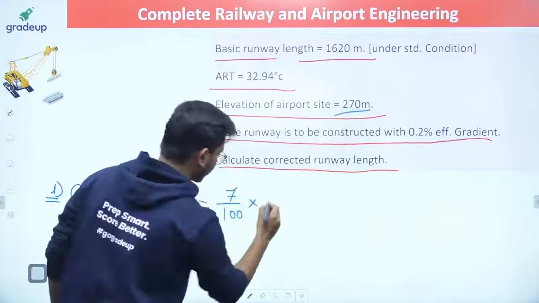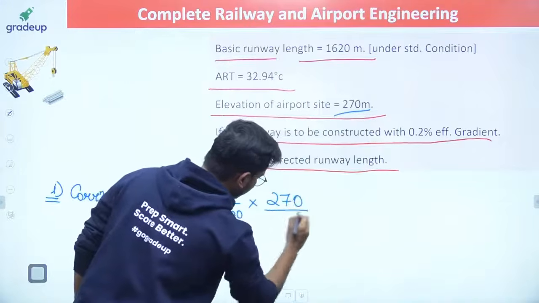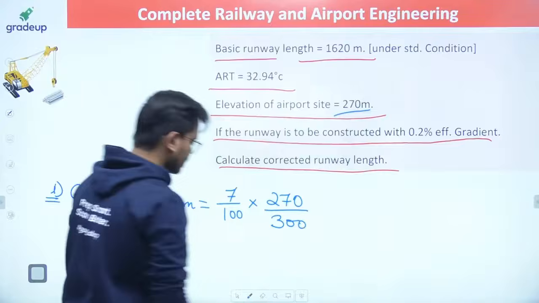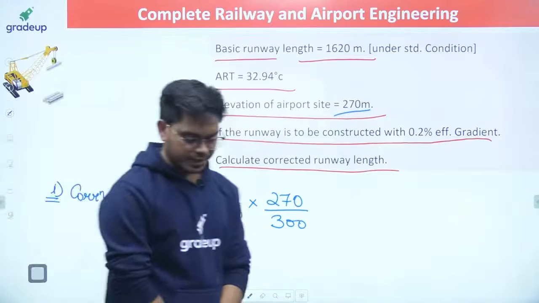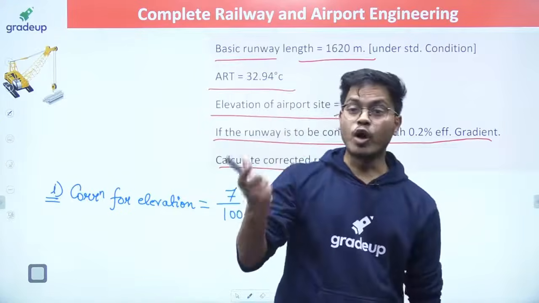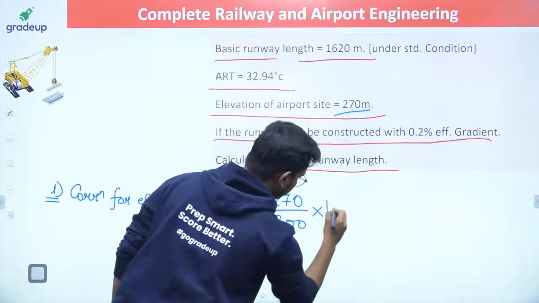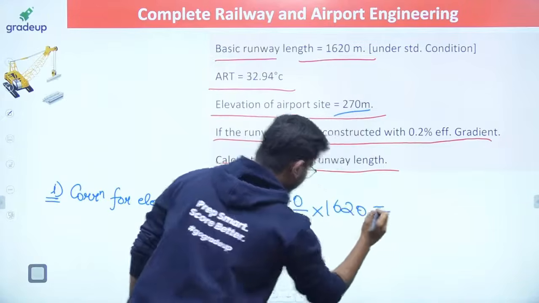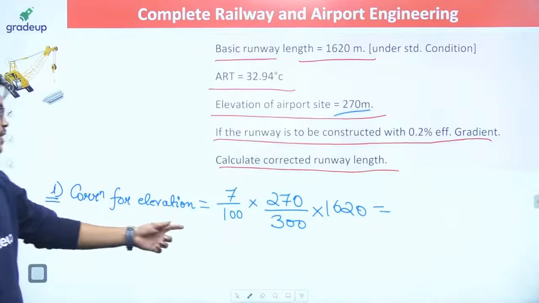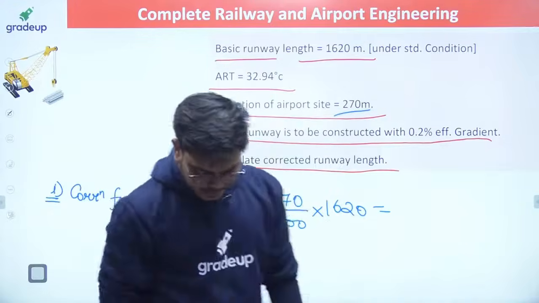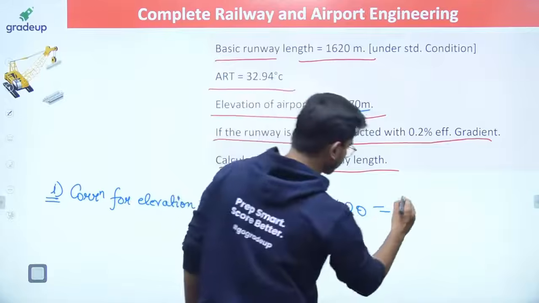Here I have 270. This is what I have to get. Right? And 7% of what? The basic runway length, that is 1620. So how much is the correction for elevation coming? It is 102.06.